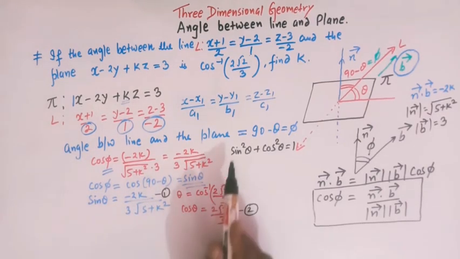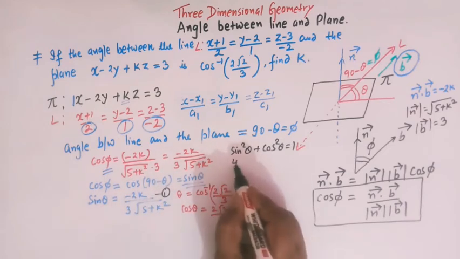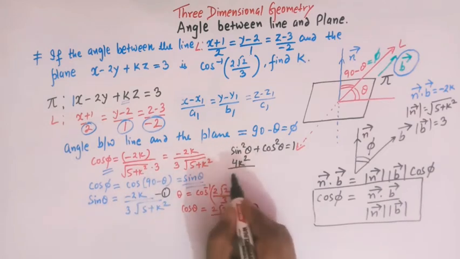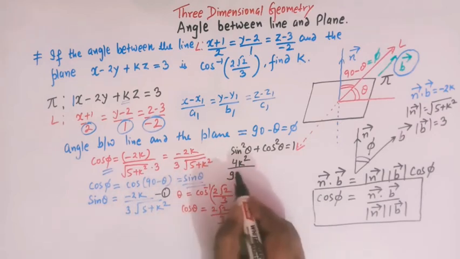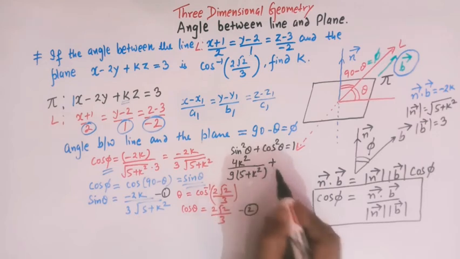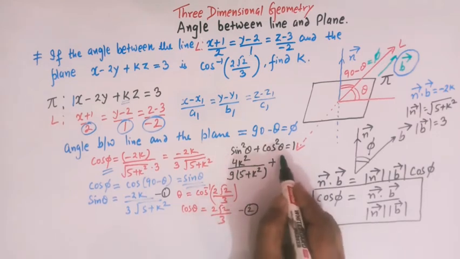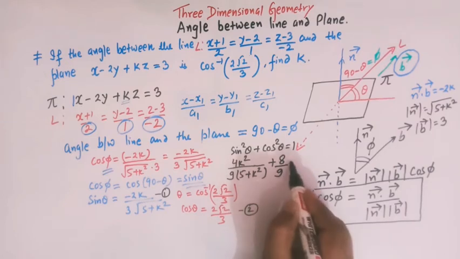So now the square of sine theta gives us, see here we have minus 2k, so here we have 4k square, then we have 9 here, and 5 plus k square, and here we have 2 root 2 over 3 square, so this is 8 over 9, right?